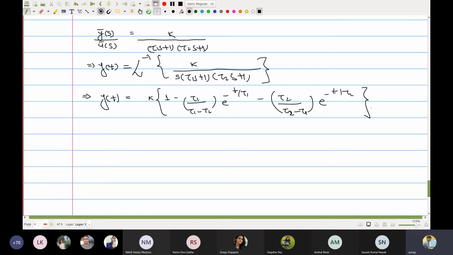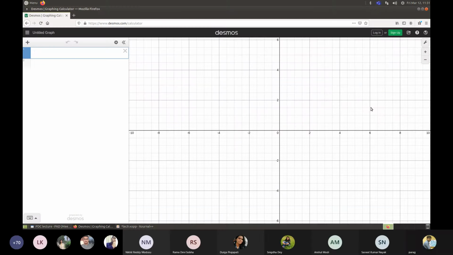Right? Now we will need to see how this dynamics takes place. So let's try to plot this. I will write here f of x equals, I will not bother about k, it's just a multiplying factor.